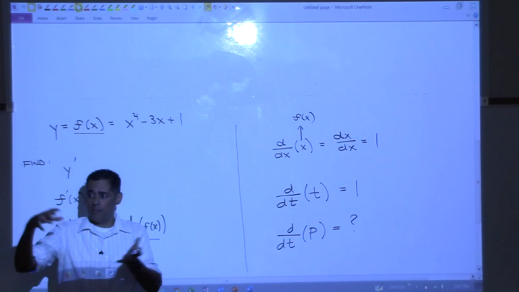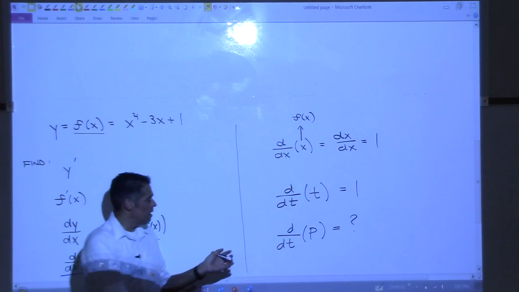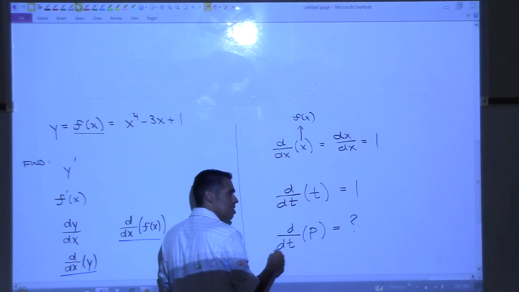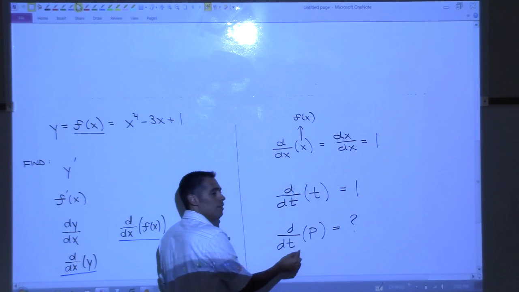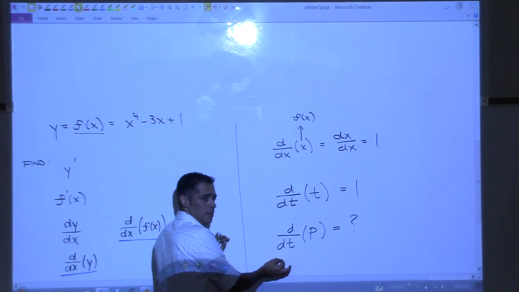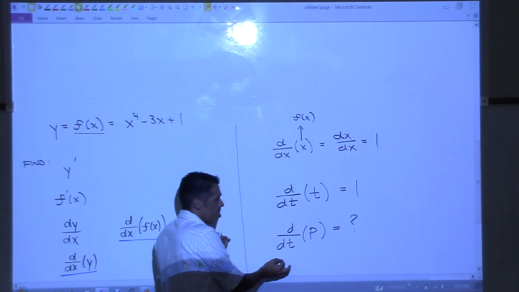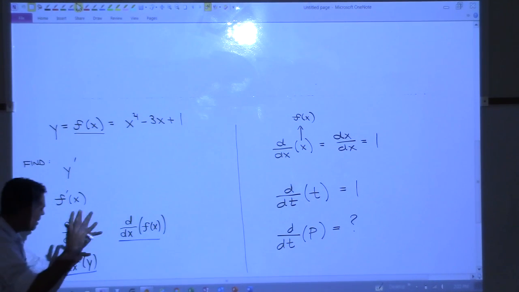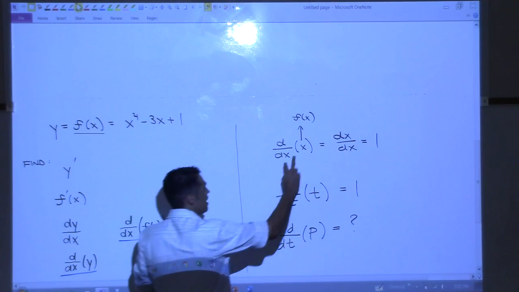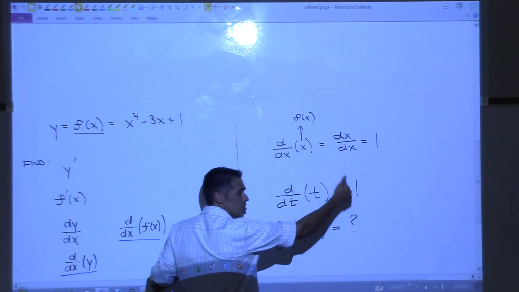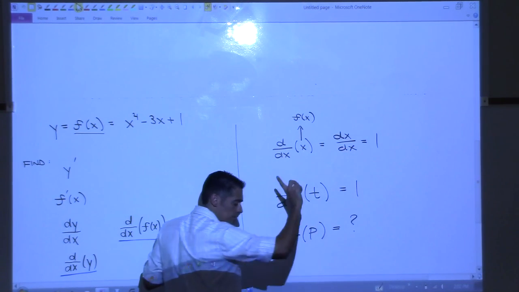So temperature does impact pressure. So if you ask what dP/dt was, this would be saying how much the pressure is changing if you change the temperature a little bit. Make sense? You'll see it come to light a little more as we do more examples, but I want to make sure you understand this new notation, and that anytime you have the same variable here and here, your answer is always going to be 1. It's the first thing we need to talk about.